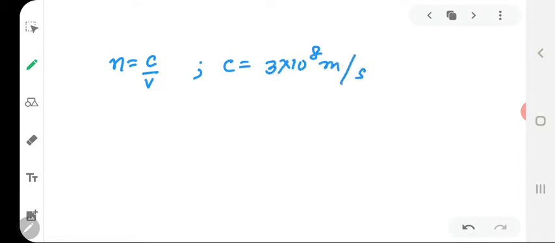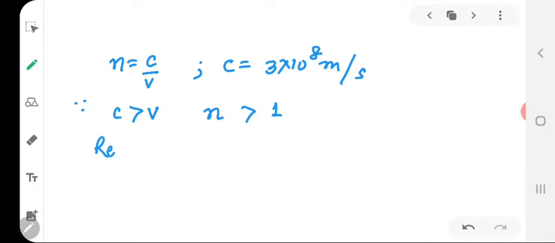So we can write down N is equal to C by V, where C is 3 into 10 to the power 8 meter per second. Now since C is greater than V, speed of light in air is greater than speed of light in any other medium. So we can write down absolute refractive index of a medium is always greater than 1.